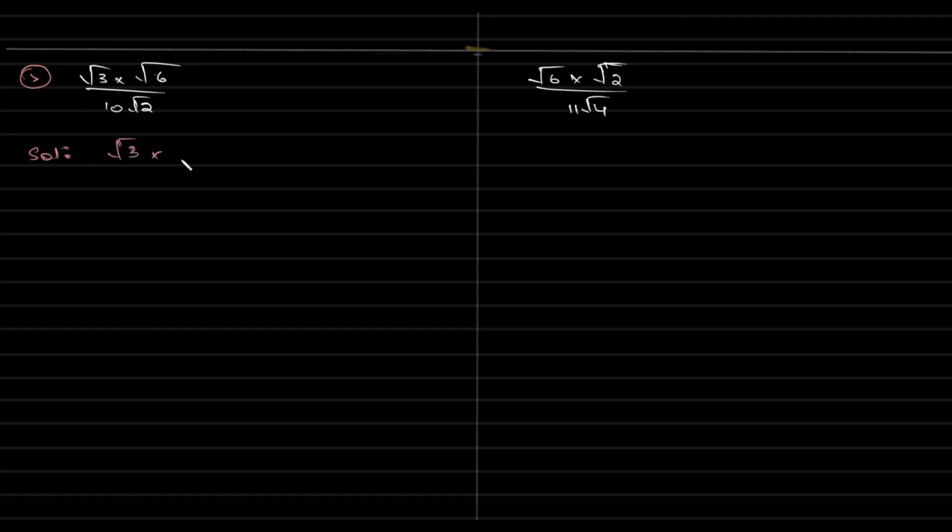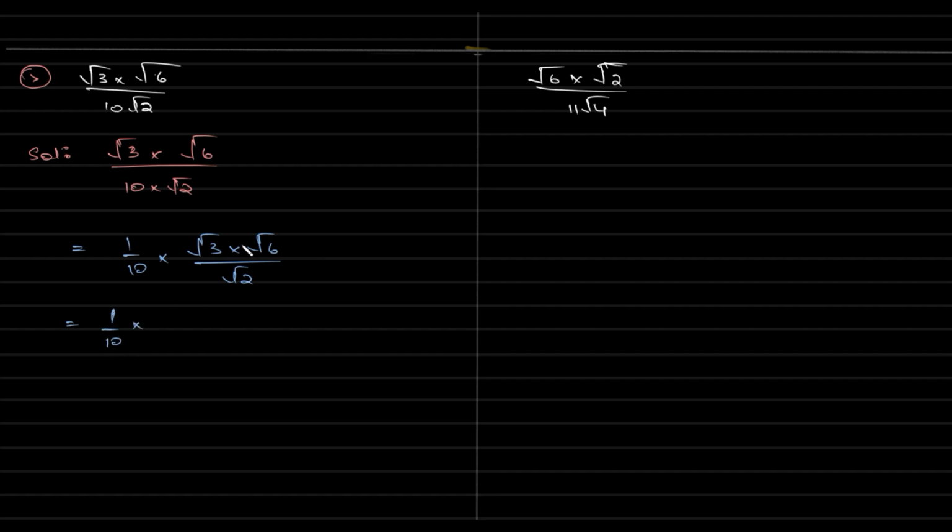Try to pause and try this question. First thing is, let's rearrange the numbers and the roots. I just rearrange all of them. So first I can handle the numerator, root 3 into root 6. 1 by 10, nothing happens to that.